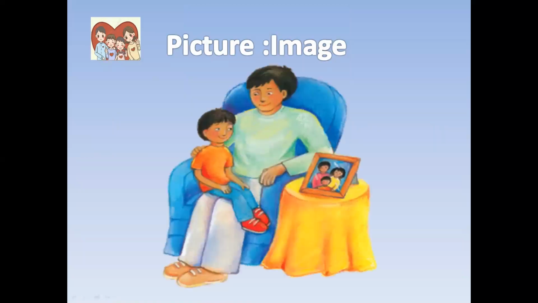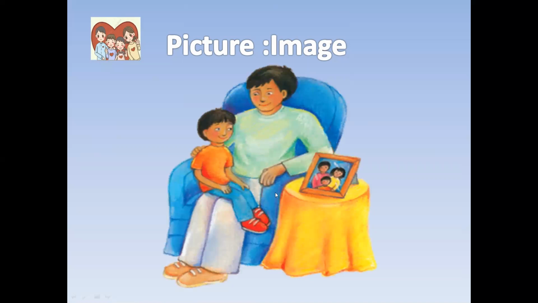Okay, now let's discuss the vocabs. The first one is picture. What's the meaning of picture? The meaning of picture is image. Repeat after me. The meaning of picture is image. Look at this picture. So I said, look at this picture. So this is a picture. Now, who can put picture in a sentence?